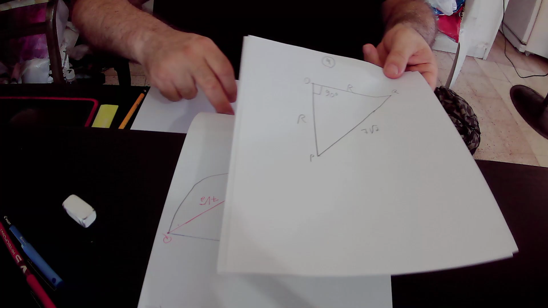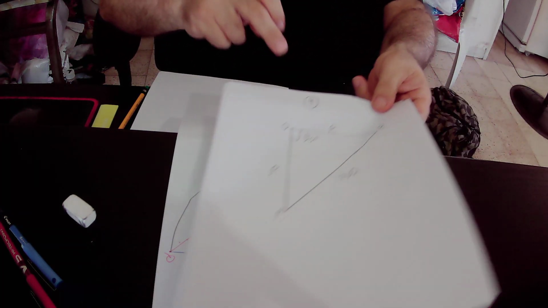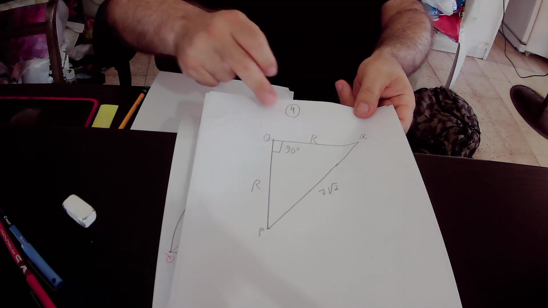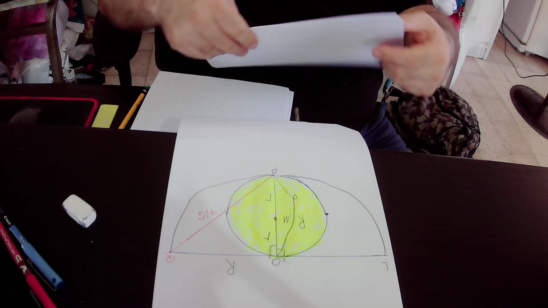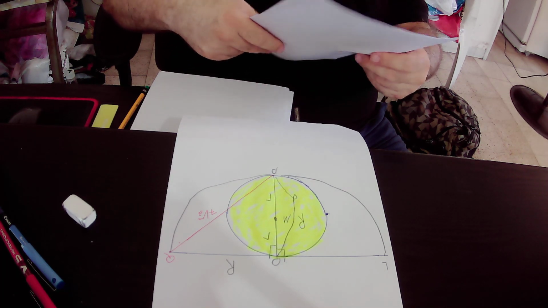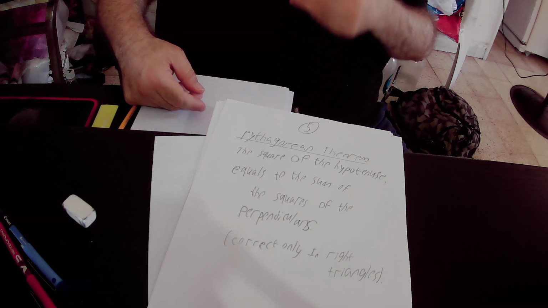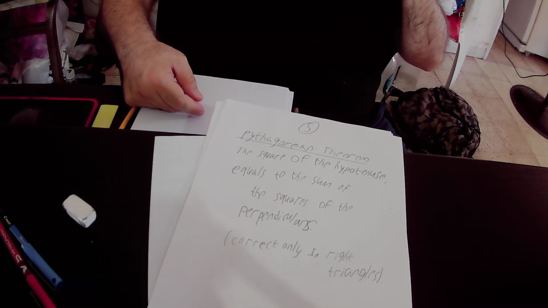Here we implement the Pythagorean theorem in order to find the value of the radius of the semicircle. As you already know, according to the Pythagorean theorem, the square of the hypotenuse equals the sum of the squares of the perpendiculars, and it's only correct on right triangles.